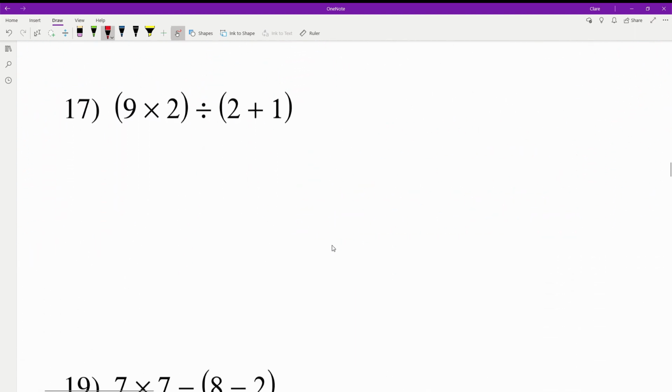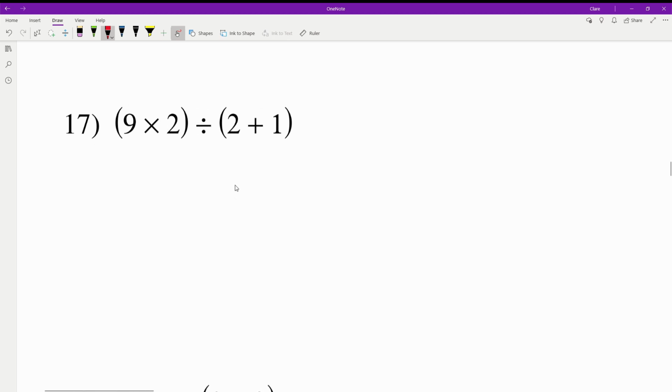In number 17, I have 9 times 2 divided by 2 plus 1. In this problem, I have 2 sets of parentheses, so I'll evaluate each of those individually. So I'll go ahead and evaluate my 9 times 2, which is 18, and I'll be dividing that by evaluating this parenthesis, 2 plus 1, which gives me 3.